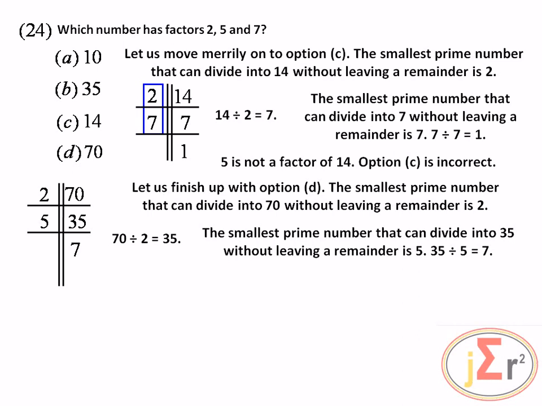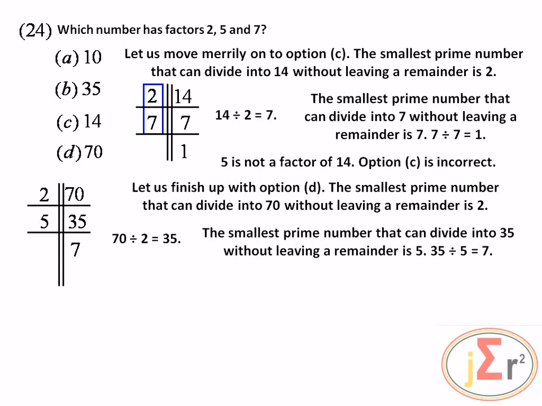Okay, that is very good. Jerry is saying that every whole number that ends with a 5 or a 0 is divisible by 5. That means 5 can go into any whole number that ends with a 0 or a 5 without leaving a remainder. So 35 ends with a 5. Therefore, 5 can go into 35 without leaving a remainder.